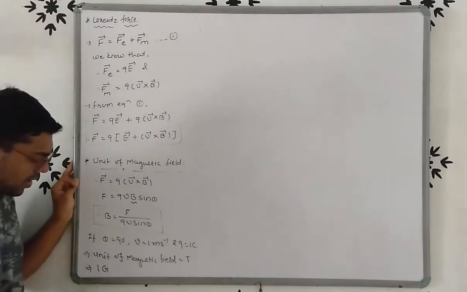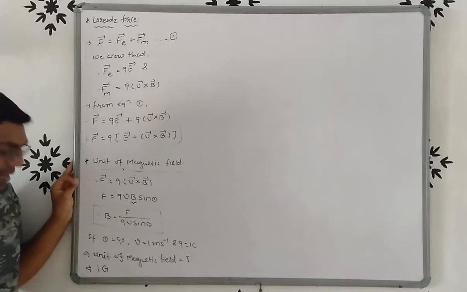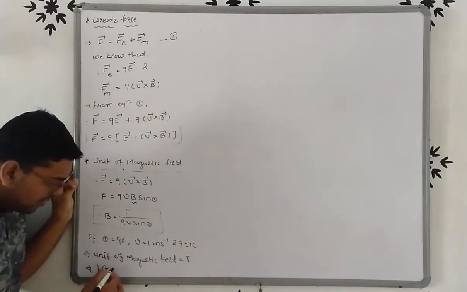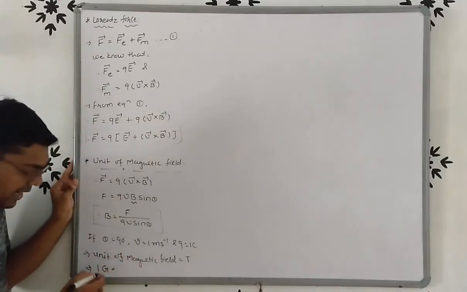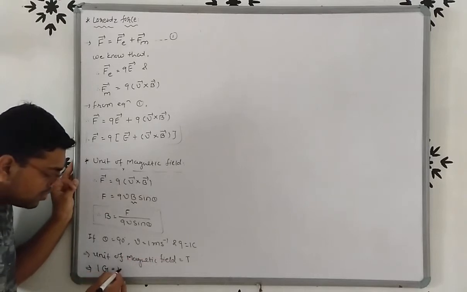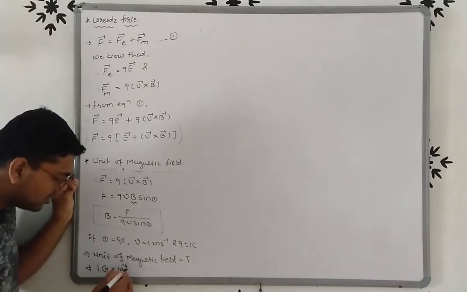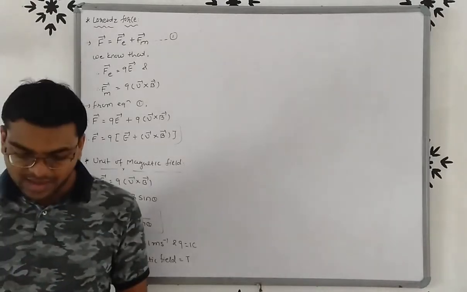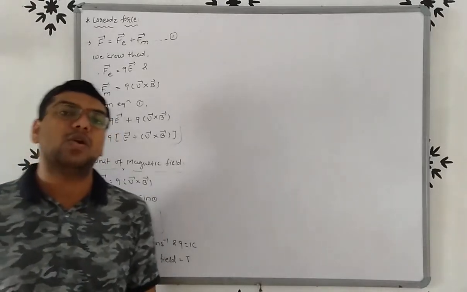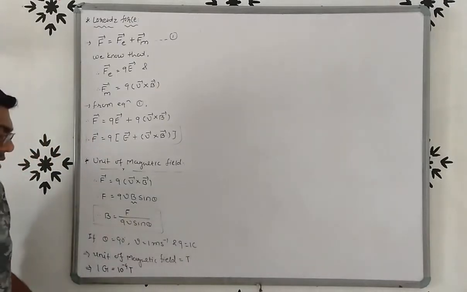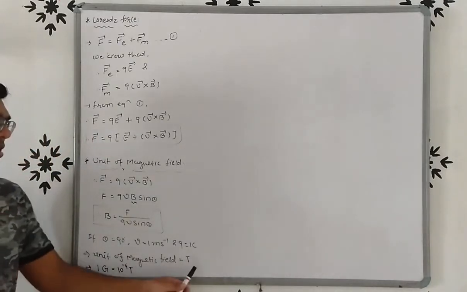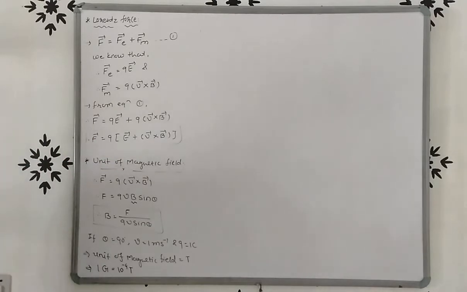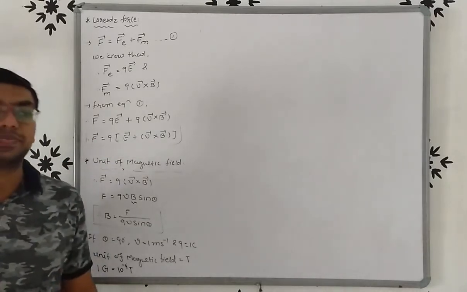The relation between Gauss and Tesla is 1 Gauss equals 10 raised to minus 4 Tesla. You have to remember this relation between Gauss and Tesla, right? So the unit of magnetic field is Tesla and another unit of magnetic field is Gauss.